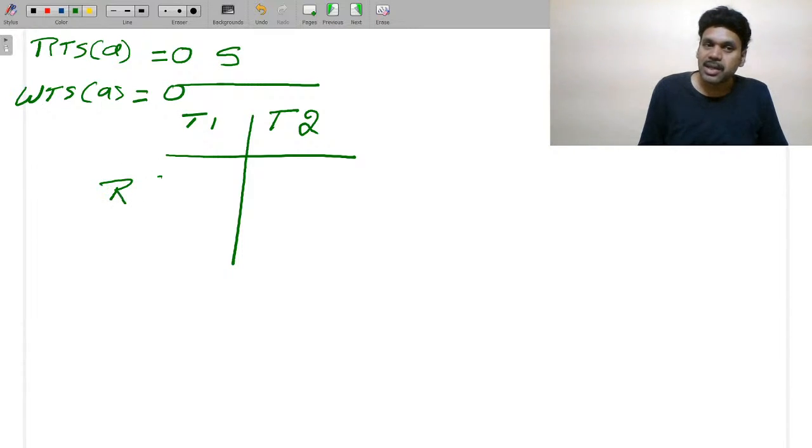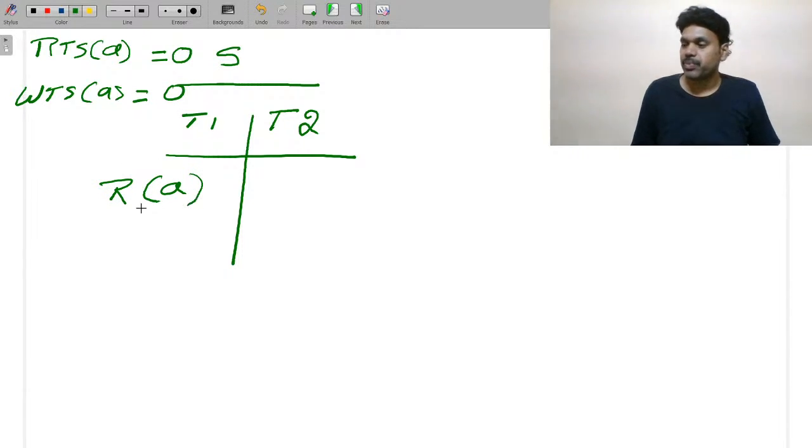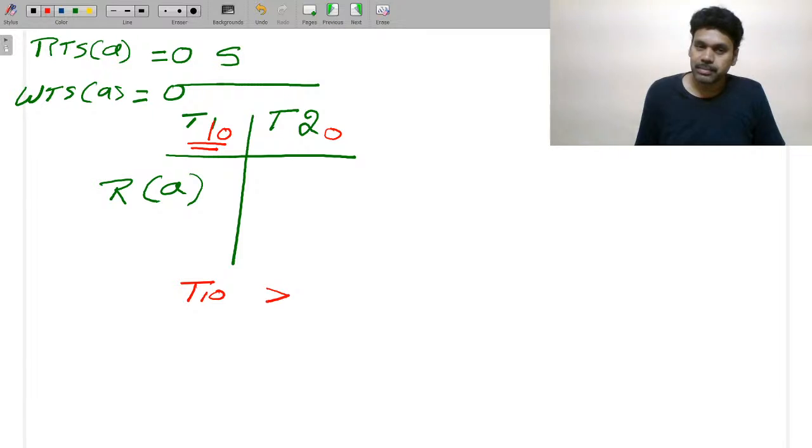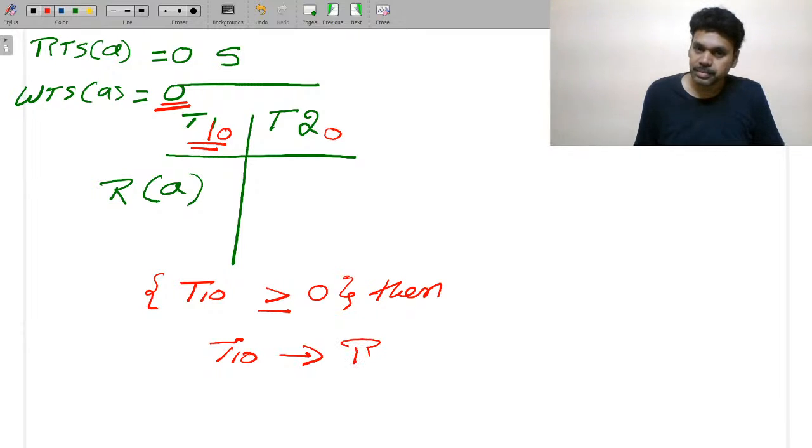Transaction 1 is asking for read of A. When a transaction asks for read of A, we will cross-check your timestamp number. Assume this is 10 and this is 20. Now you see, friends, you are requesting with T10. So T10 is greater than or equal to your write timestamp, that is 0. As this is greater, we immediately allow T10 to perform the read operation on object A.